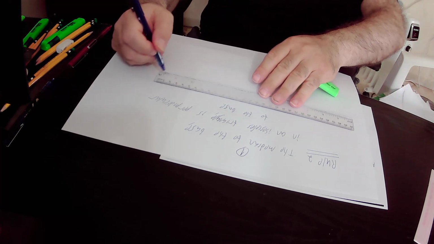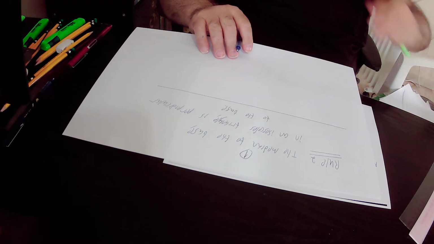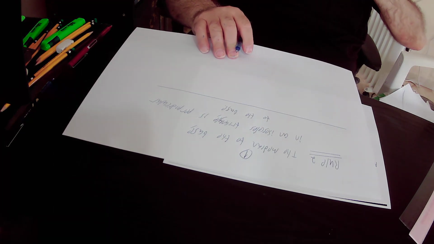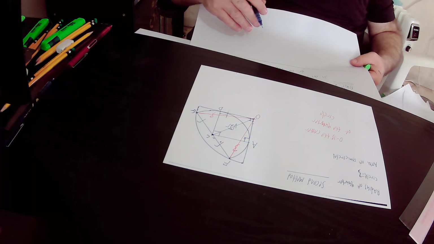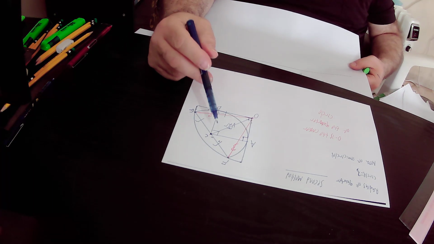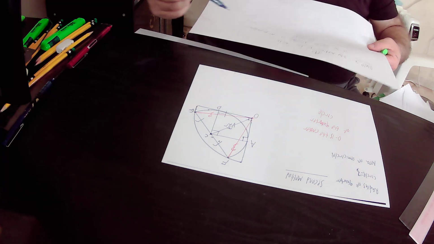So I read rule number 2 again. According to rule number 2, the median to the base in an isosceles triangle is perpendicular to the base. So I will copy the isosceles triangle FOG in this new page.